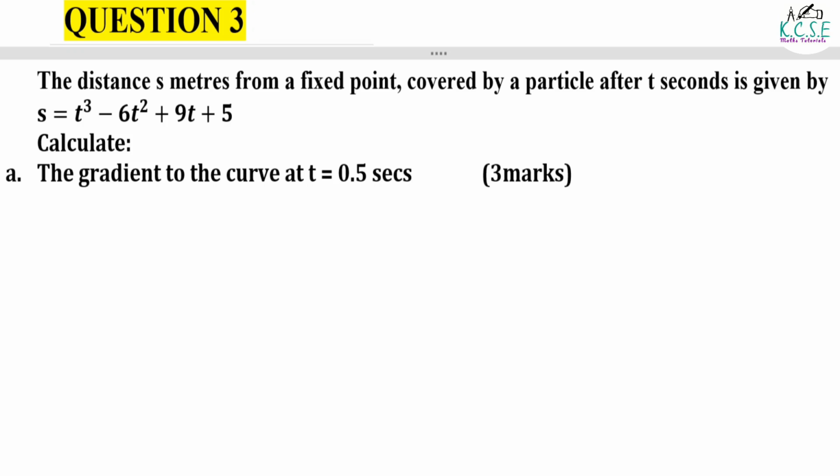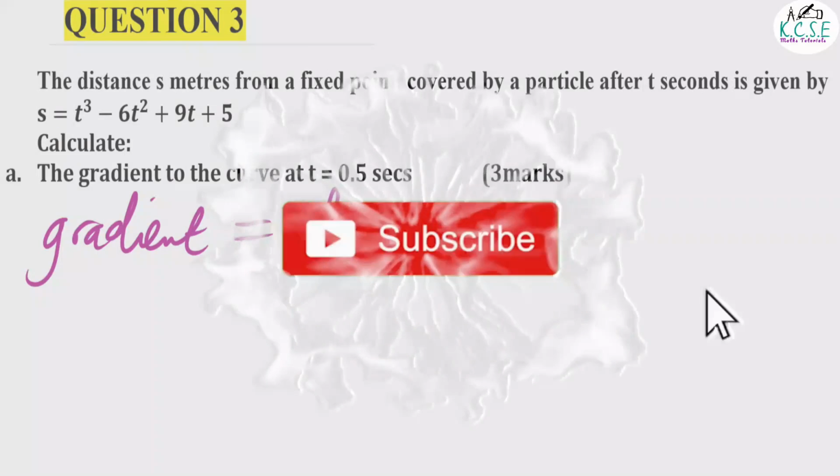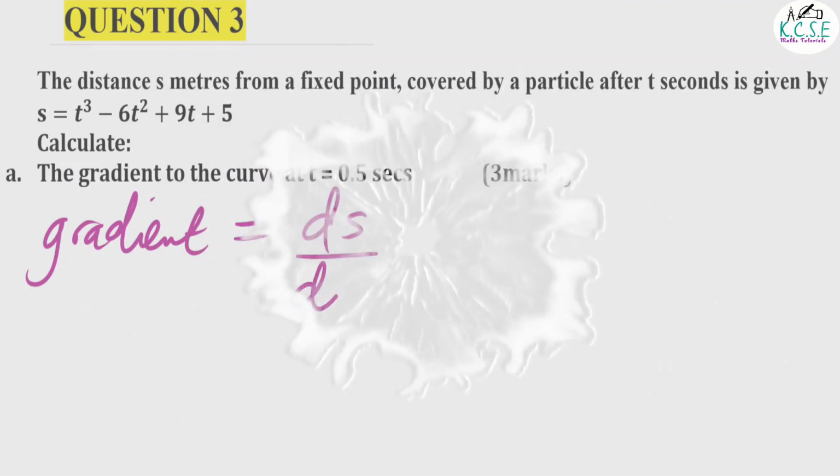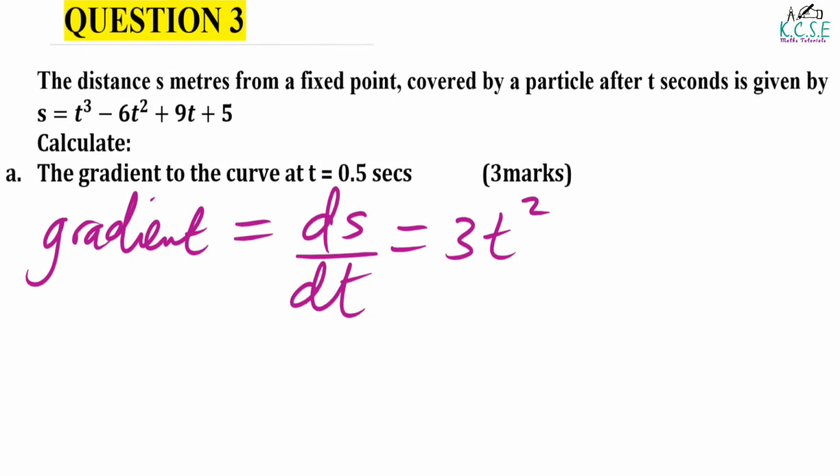So gradient will be given by, when you take this expression, you differentiate distance with respect to t, and this will give 3t squared minus 12t plus 9. So that is the expression for the gradient.